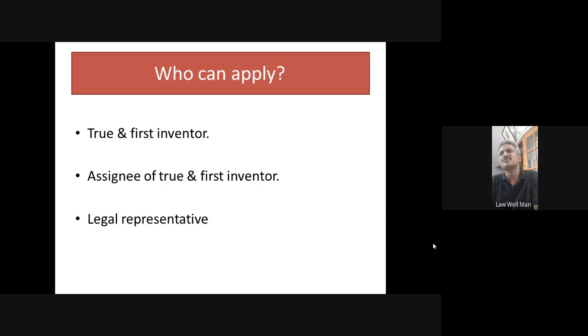Legal representative, as far as a legal person is concerned, is the entity which is entitled to represent that company under law. And even in the ordinary human being sense, it is the same. Legal representatives can represent you in case of an untoward event, like you dying. The legal representative will be entitled to make an application for patent.